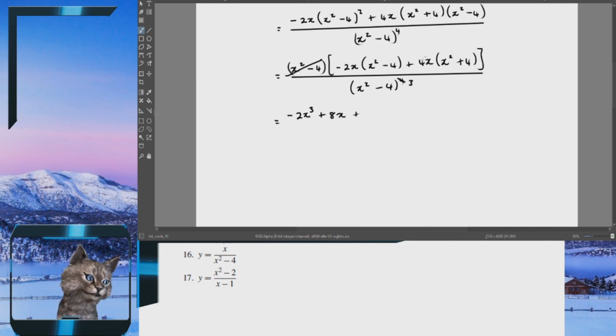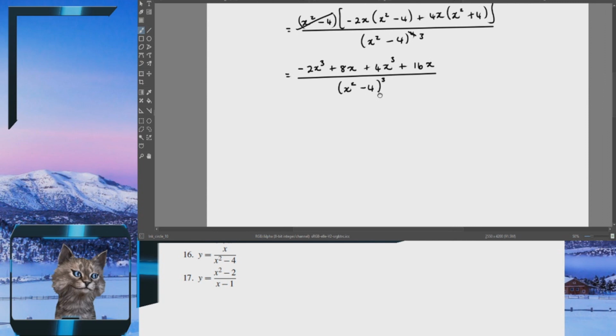And 4x in gives me 4x cubed, and plus 16x. Same denominator. Nothing changes there right now. Then I have 2x cubed terms, which I'll put together as 2x cubed.